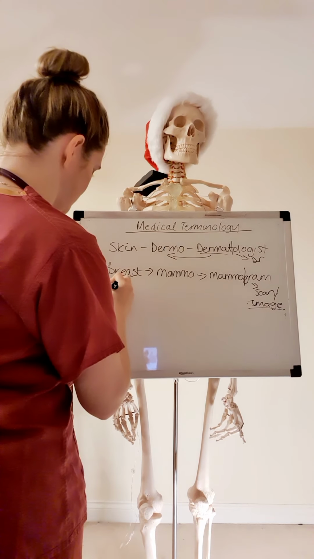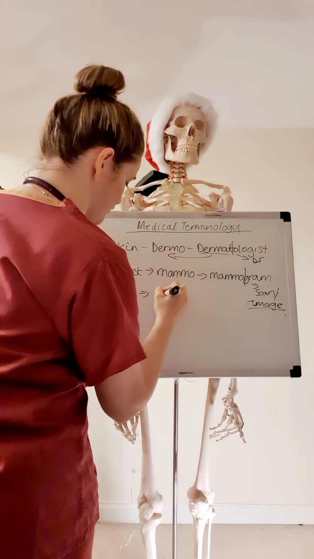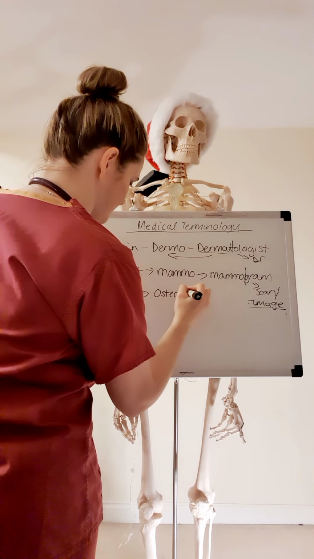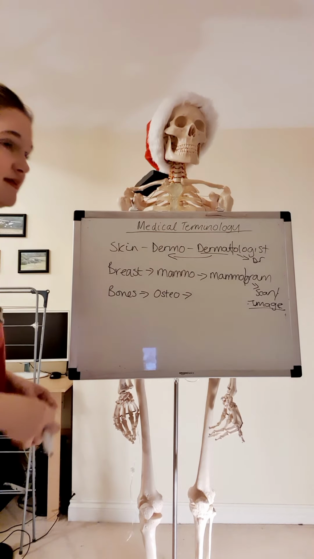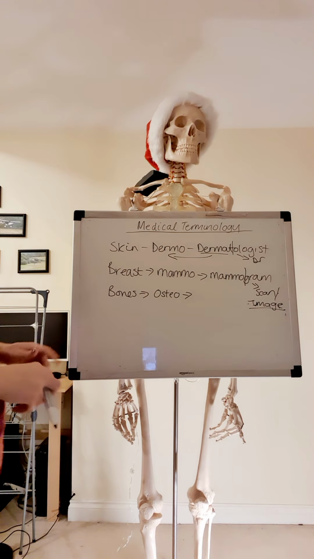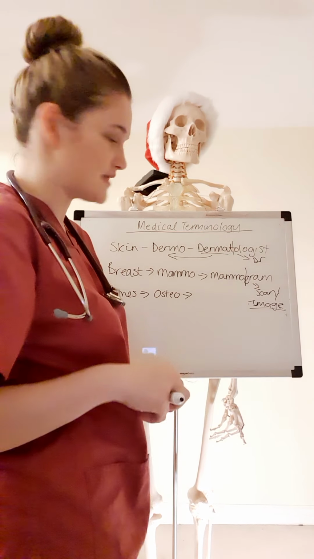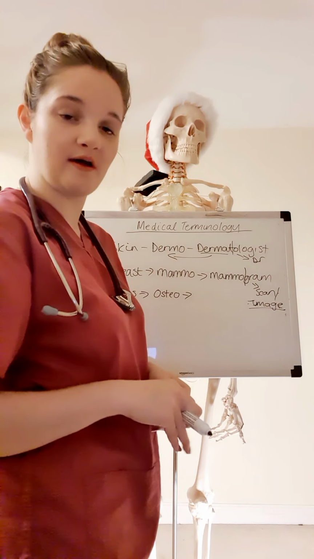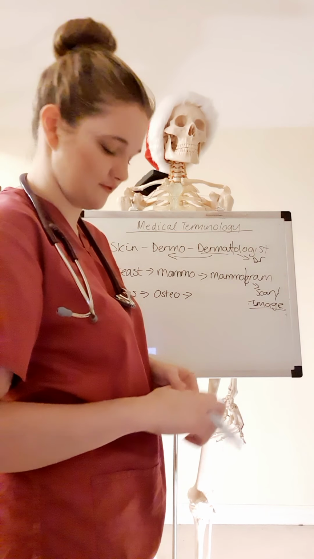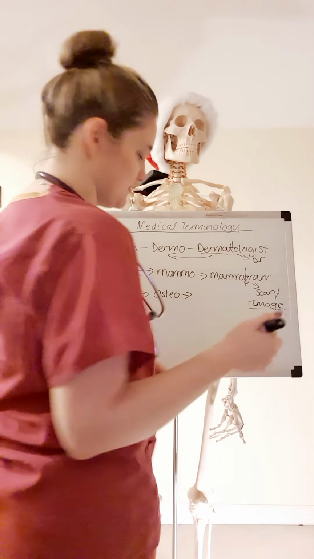Another nice and easy one. So what do we refer to our bones as? Osteo. So something like osteoporosis, and if you look at this on the cellular level actually as well, you have osteoblasts and osteoclasts in your bones, which are cells that we'll get onto at another point.